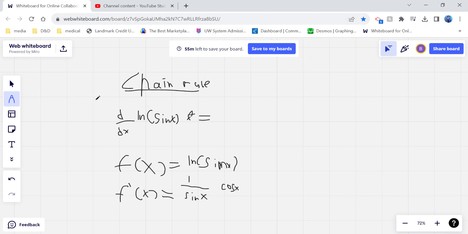So now we have found f prime of x, and that used chain rule.